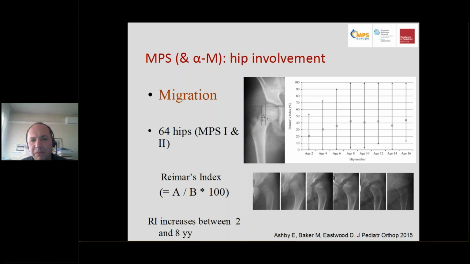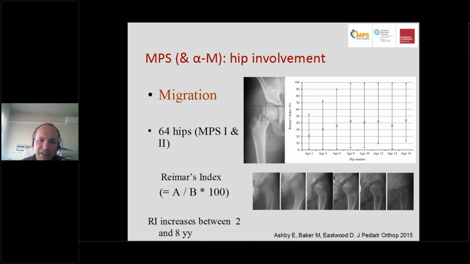At the end, what do we observe? We observe a migration of the hip that goes outside, and outside. I mean, no coverage from the acetabulum. The femoral neck angle goes straight, and the hip goes outside. This is the result, and we can quantify it with the Reimers index.